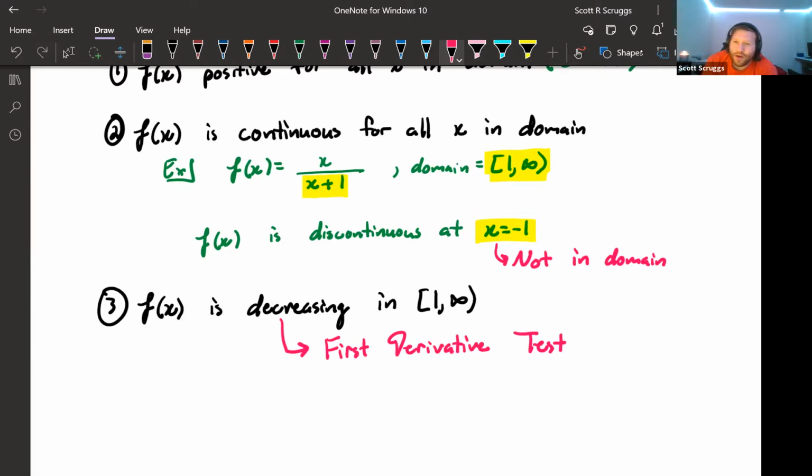And so let's recall that. When we learned the first derivative test back in the day, it tells me what about the function decreasing. If the function is decreasing, what must happen to its derivative?